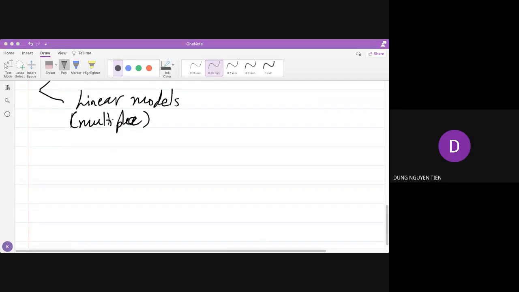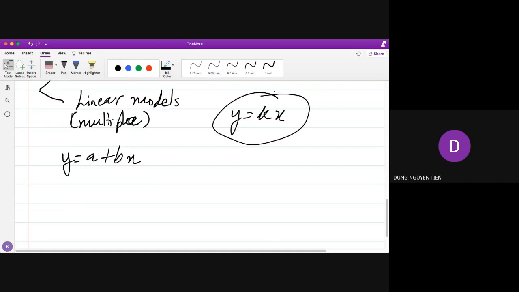So I'm going to give you another approach. Let's consider the following model. Suppose that y equals a plus bx. Let's say y equals k times x. Then this is a linear function. You already knew that, right?